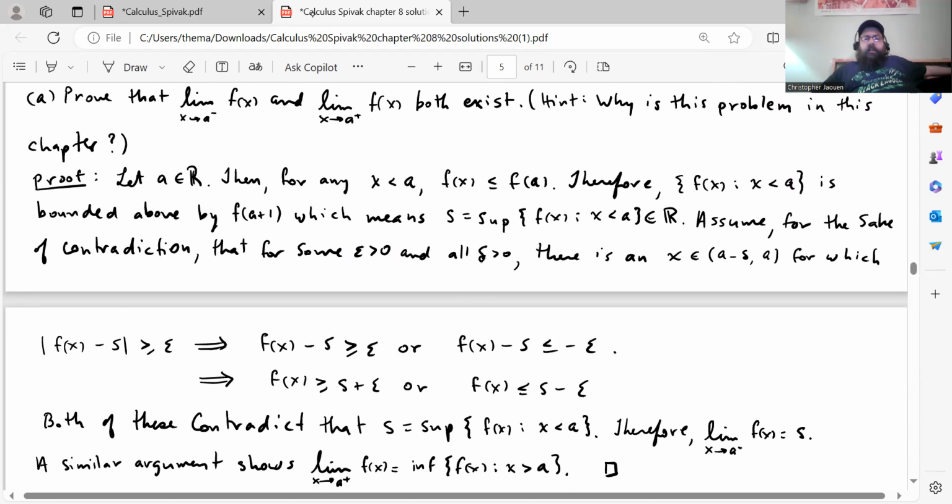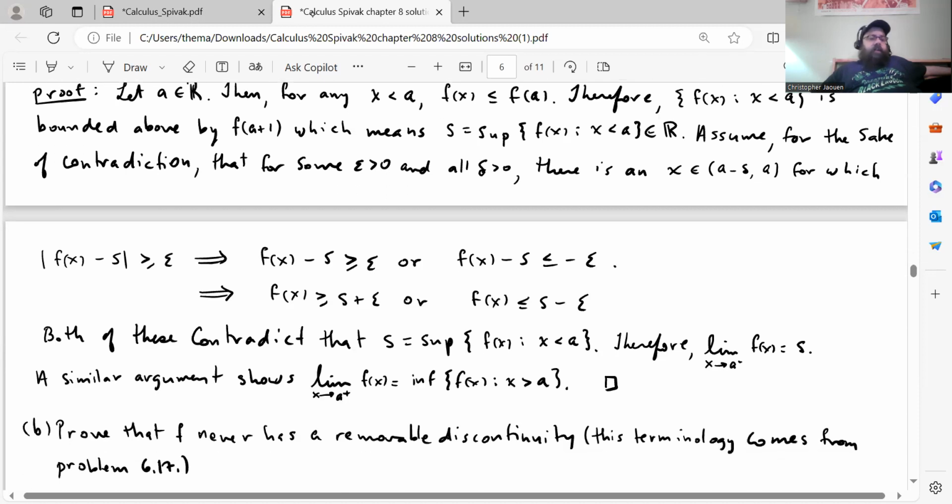s equals the supremum of f of x for x less than a in R, meaning that the supremum exists by the least upper bound property. Assume for the sake of contradiction that for some epsilon greater than 0 and all delta greater than 0, there's an x in the open interval from a minus delta to a for which the absolute value of f of x minus s is greater than or equal to epsilon.